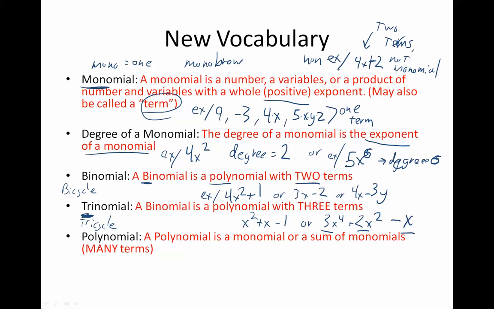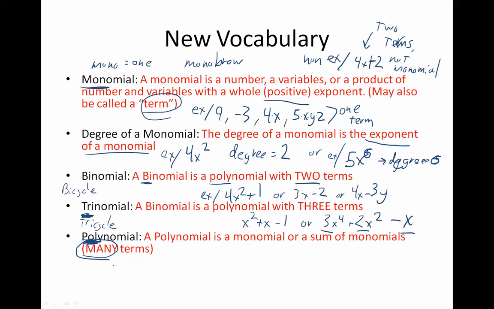Finally, the last one here is a polynomial. A polynomial is a monomial or a sum of monomials. In other words, the way we can say this is that it has many terms, right? Poly means many. So binomials, trinomials, monomials, they are all examples of polynomials.